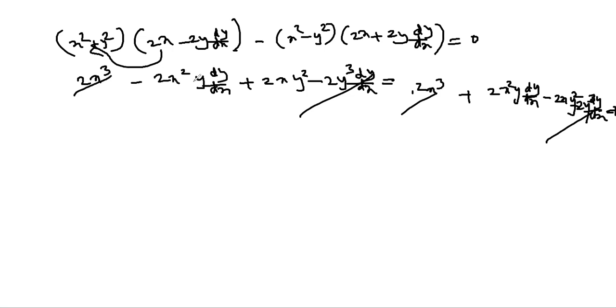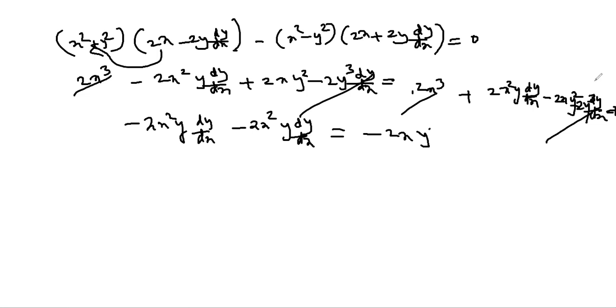Then this minus 2x square y dy by dx and this plus 2x square y dy by dx, take to one side, so it becomes minus 2x square y dy by dx and another minus 2x square y dy by dx, is equal to the remaining terms, minus 2xy square and minus 2xy square.